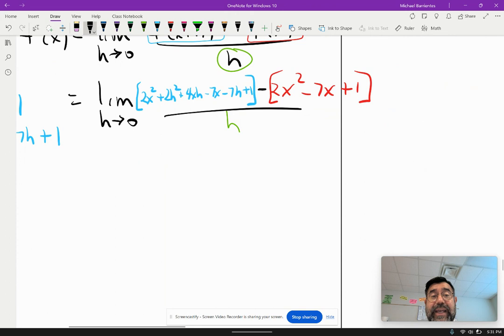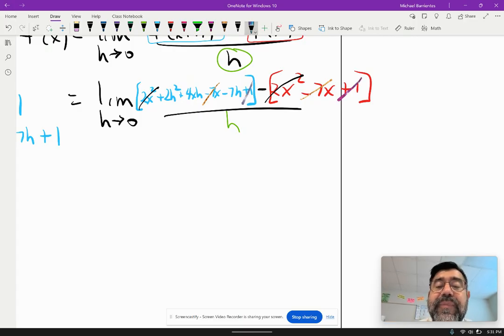Like my head hurts heavy. Remember what I told you. If we do things right, this last term will cancel out with things over here. So if I'm subtracting 2x squared, that means this and this are going to be gone. If I subtract minus 7x, that's going to cancel with minus 7x. And then this minus 1 is going to cancel with this plus 1. And everything went away in the red part, as it should.